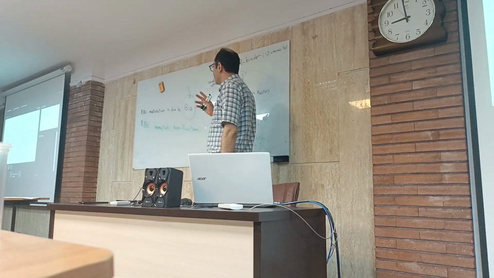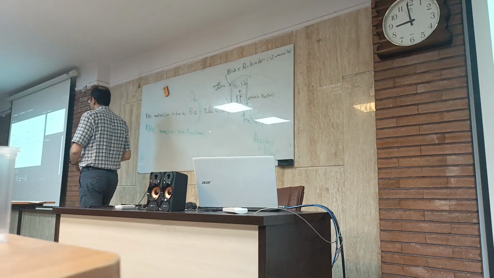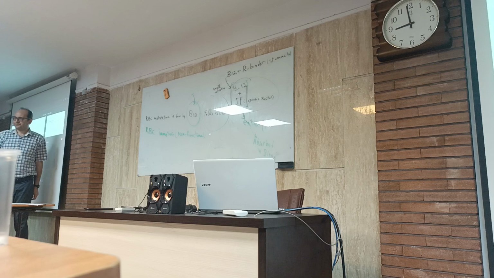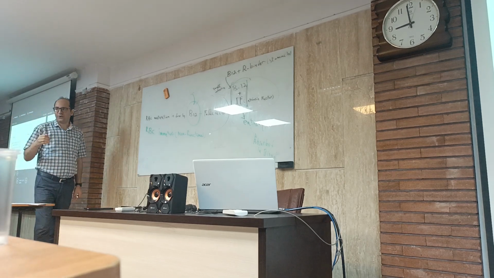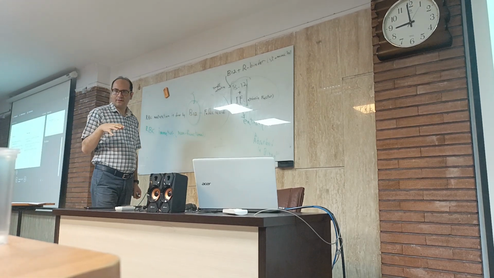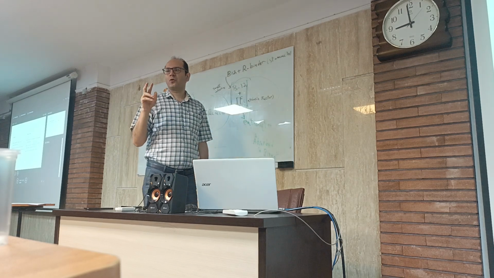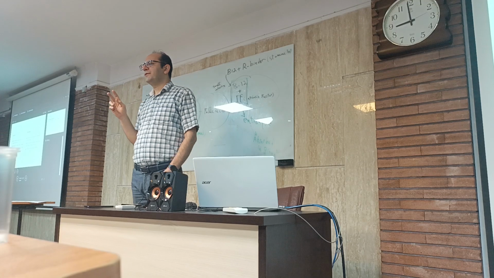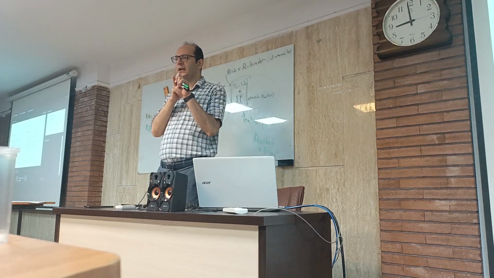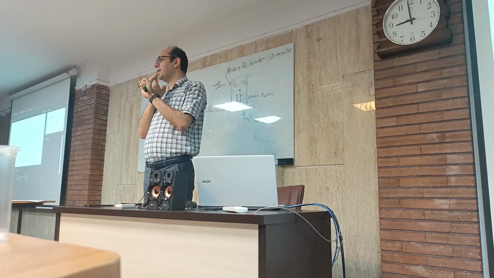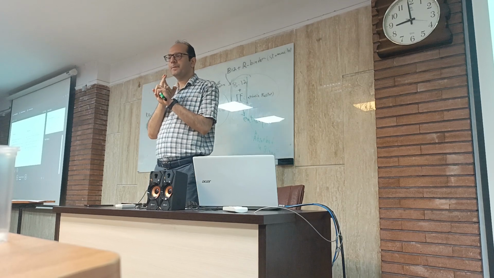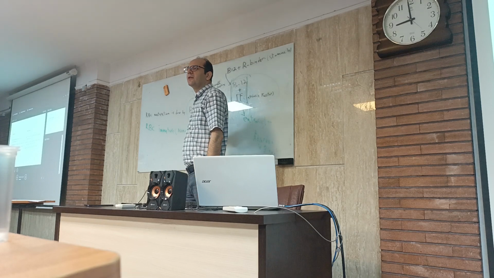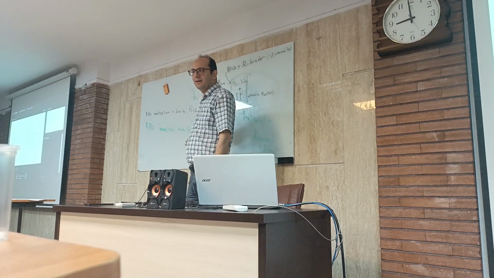Any question? B12 and folic acid are essential for RBC maturation, and both of them should be provided by diet. And if we have deficiency of B12 and deficiency of folic acid, we will have immature RBC or non-functional RBC.